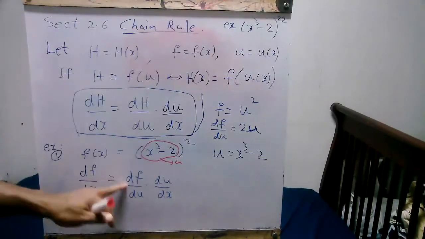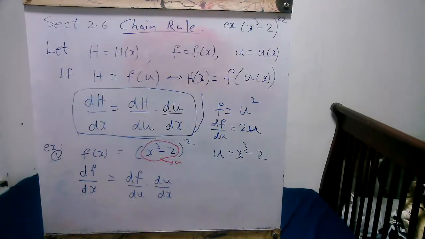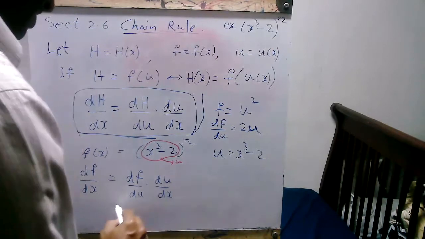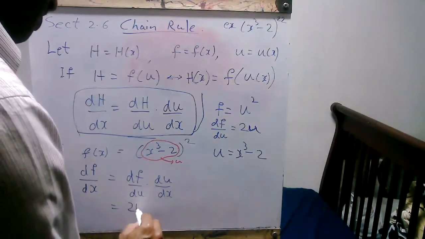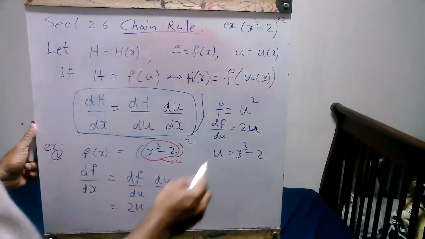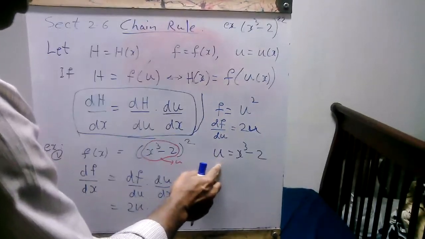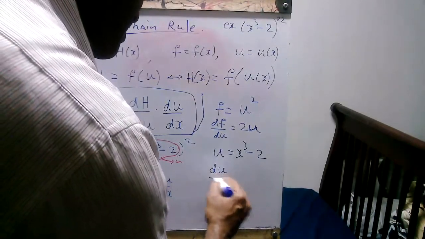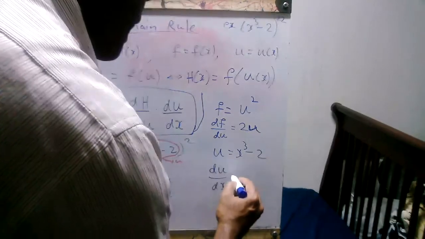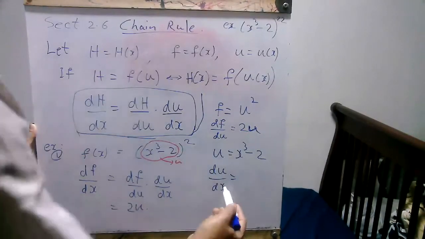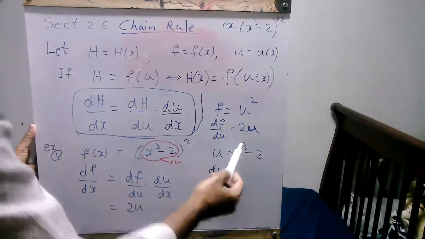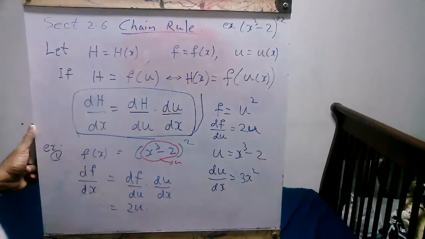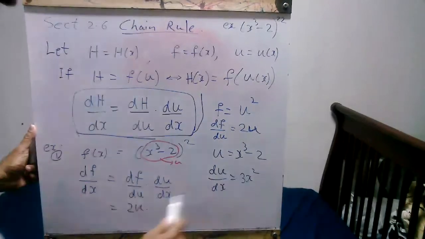Right? df du is 2u. This is equal to 2u times du dx. Differentiate u with respect to x, we can use again power rule, 3x square. Get it? du dx is 3x square.